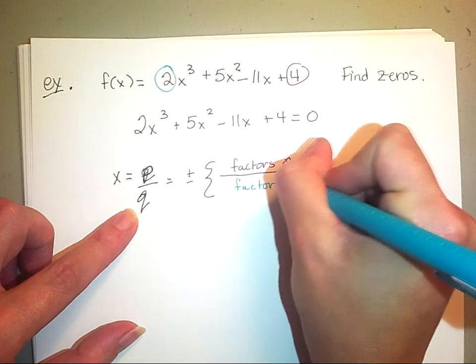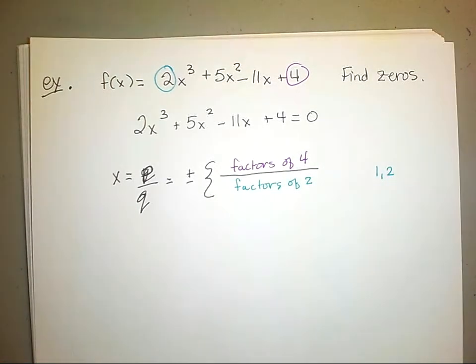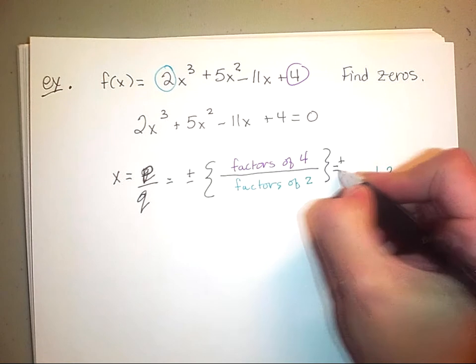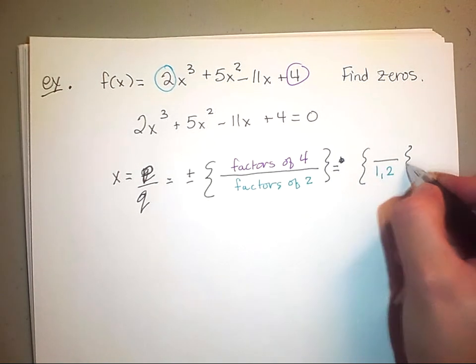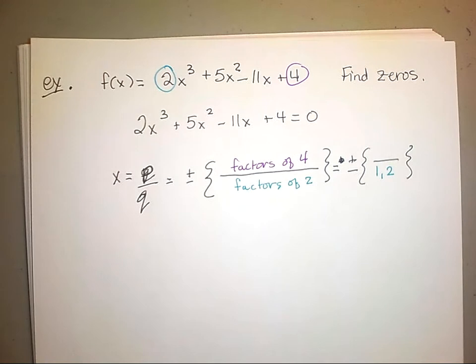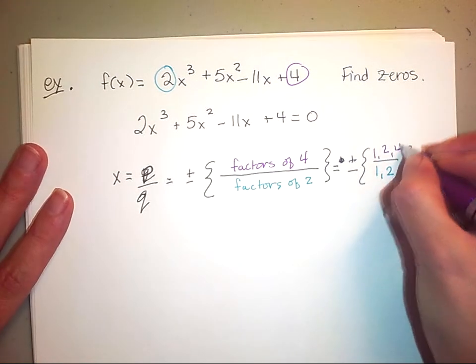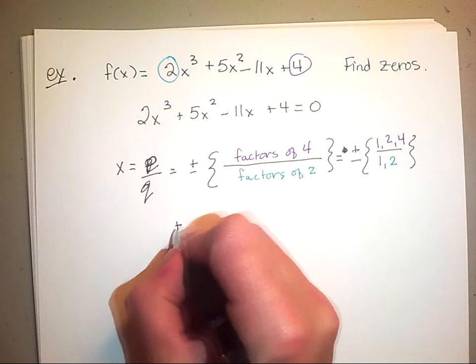Well, the factors of 2 are just 1 and 2. Plus or minus. And the factors of 4 are 1, 2, and 4. Okay. So simplifying this, then this becomes plus or minus 1, 2, 4.